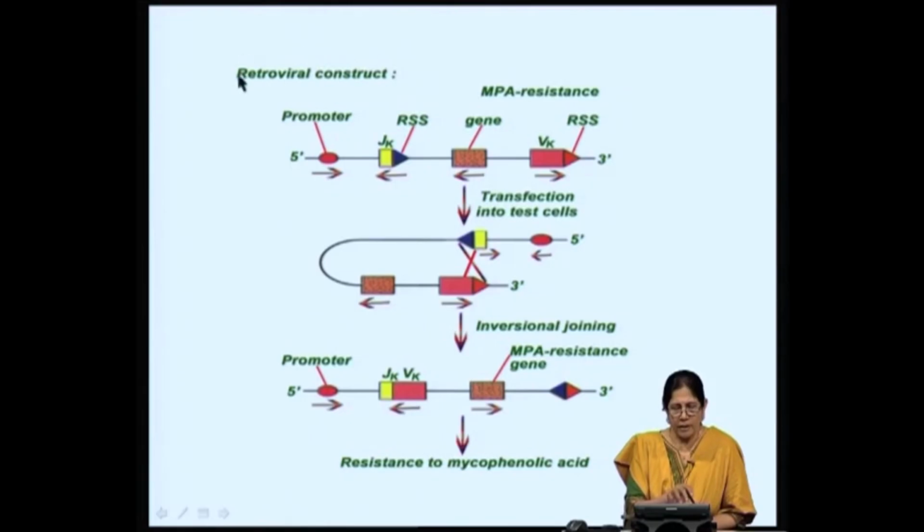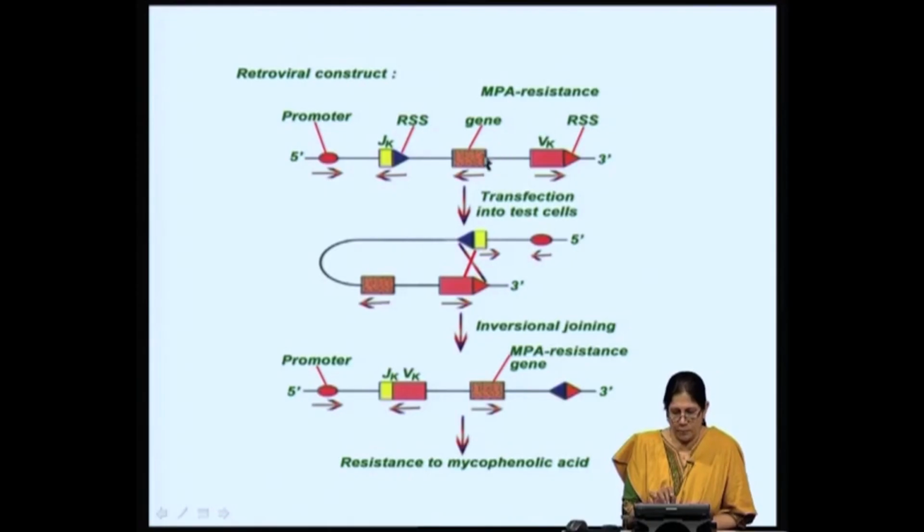A retroviral construct was made where the construct had a promoter which was not in frame with the J gene segment with its RSS on the 3' side. Now, then followed the gene that confers resistance to a drug, mycophenolic acid.